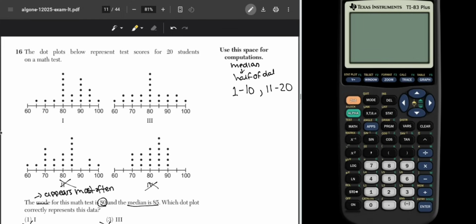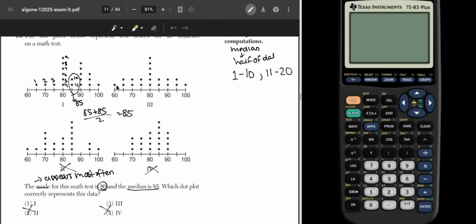So if I look at answer choice 1 and 2, so let's look at 1. So this is point 1, 2, 3, 4, 5, 6, 7, 8, 9, 10, and 11. So 10 and 11 end up at point 85. So if I do 85 plus 85 divided by 2, I'm going to get 85. So I know that that is going to be my answer.